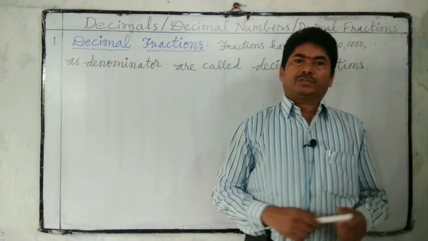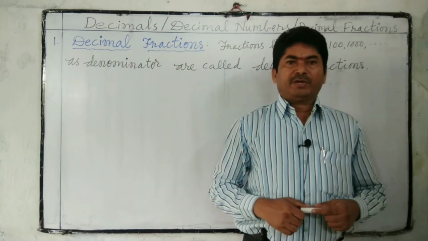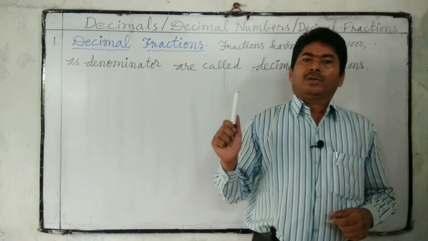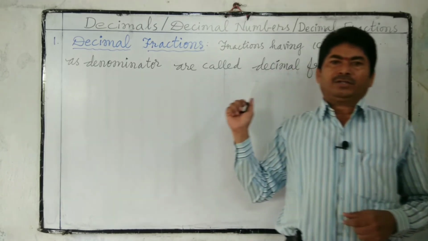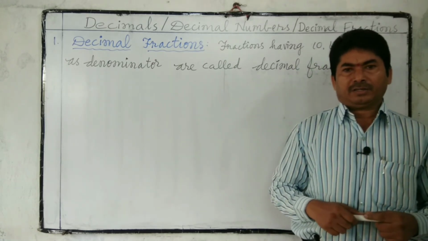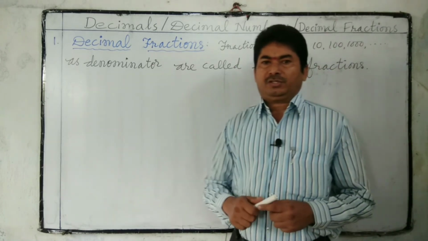Decimal fractions. What are decimal fractions? Fractions having 10, 100, 1000 and so on as denominators are called decimal fractions.